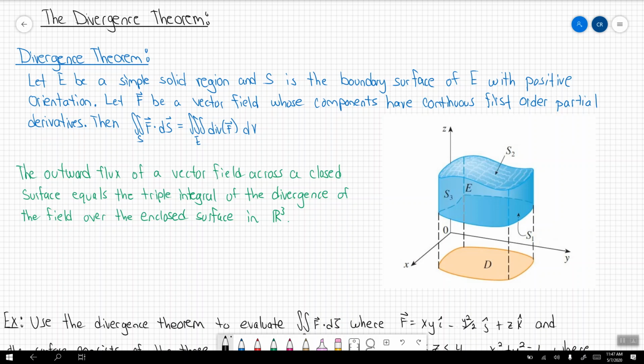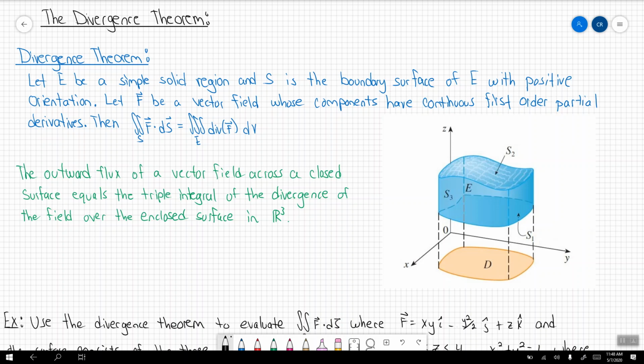That surface is going to be bounding a certain region, and we're going to take that region and those surfaces and put them into a vector field. We want to analyze what the outward flux of this vector field is as we put this surface into that vector field.